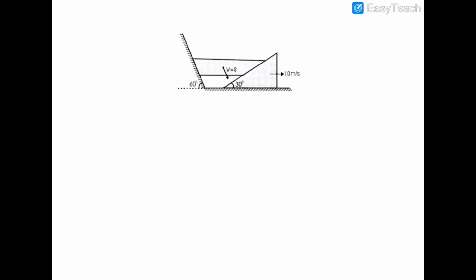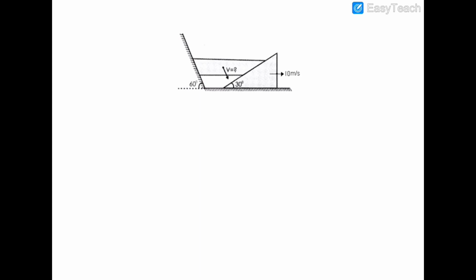In these kinds of problems, you have to remember one thing: this is a fixed contact and this is a moving contact. If there is a fixed contact, then the object which is attached to that fixed contact will always move parallel to that fixed contact. So this fixed contact is at an angle of 60 degrees with the horizontal, and this block will always move in the direction parallel to this fixed contact.